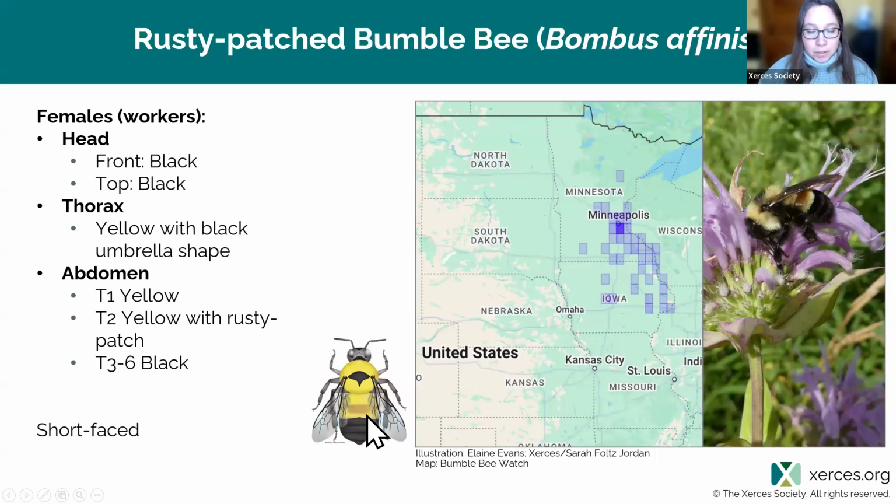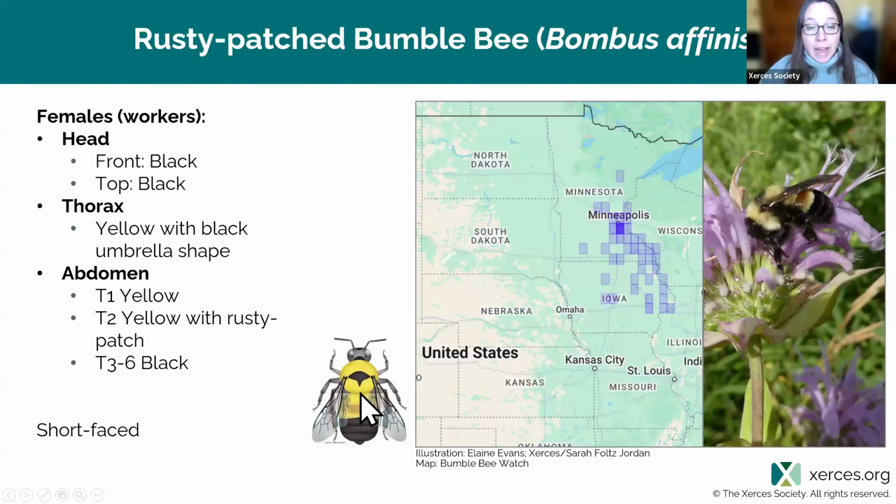That second abdominal segment is also going to be yellow, but it will have a patch of rusty color for the workers. So you can really see that in this photo here. We have the first segment of the abdomen yellow, the second segment is also yellow, but with that rusty patch color there. The rest of the abdomen is black. So T3 through 6 on the workers is black.